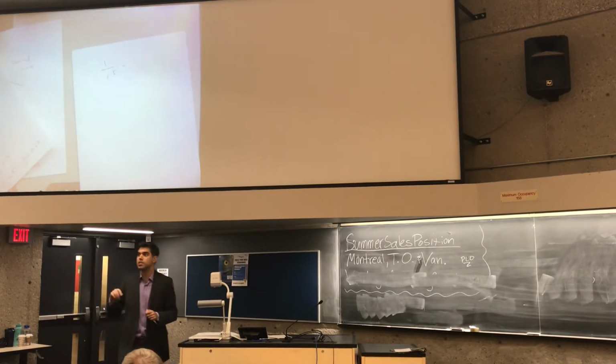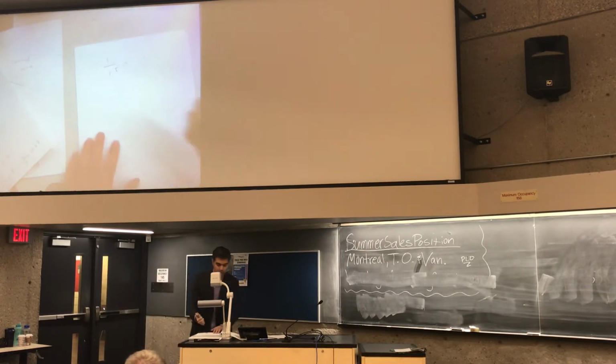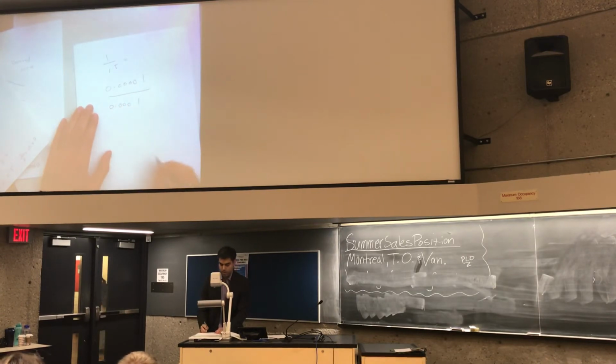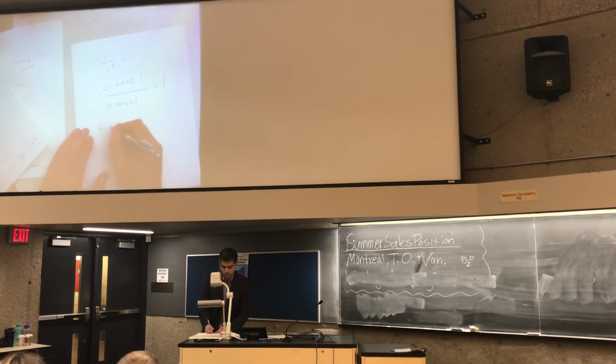So I'm just trying to get you guys to think: what's going to be 0.0001 over 0.0001? That's 1. What's 0.0000000001 over 0.0000000001? 1.